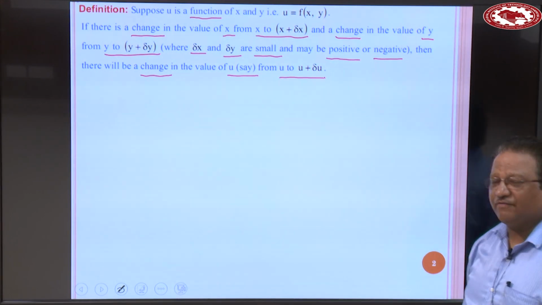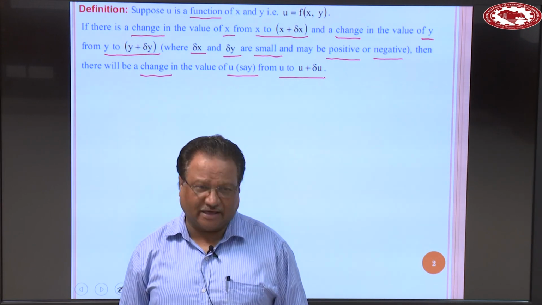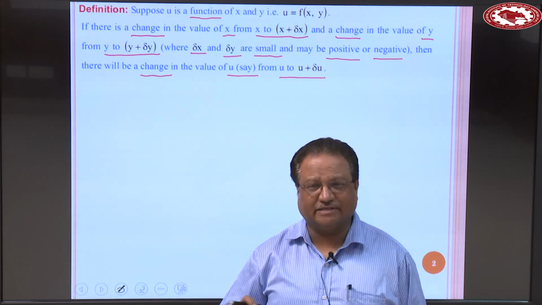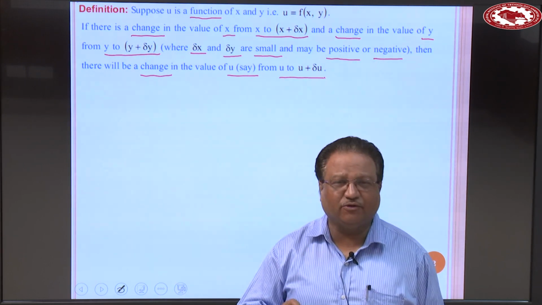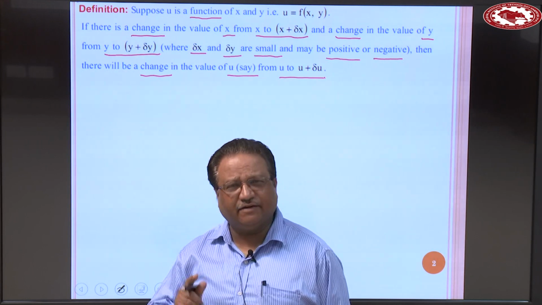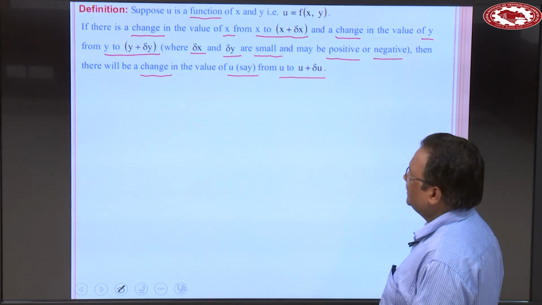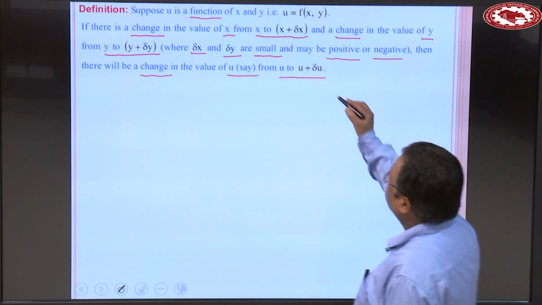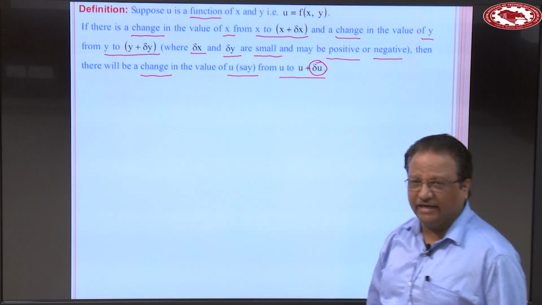Since u is a function of x and y, if there is a change in the value of x from x to x plus delta x and a change in the value of y from y to y plus delta y, then definitely there will be a change in the value of u from u to u plus delta u. Now, the question is, how can we evaluate this effect of small errors, delta u?